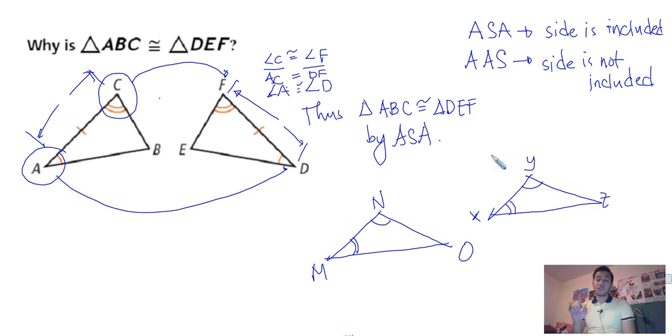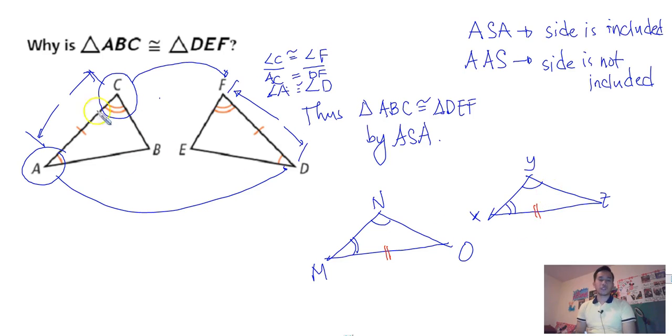Those sides that are not included are either YZ or MO.